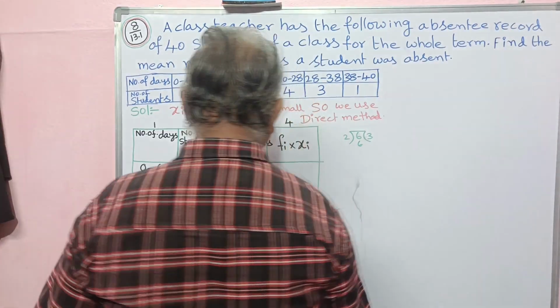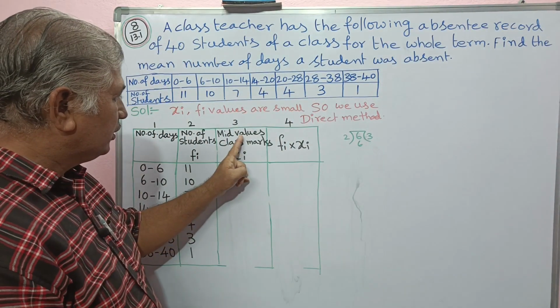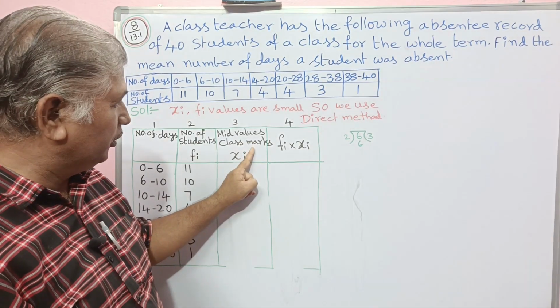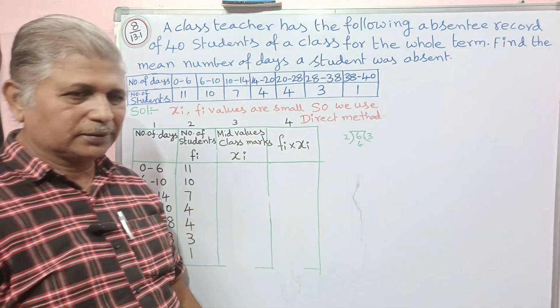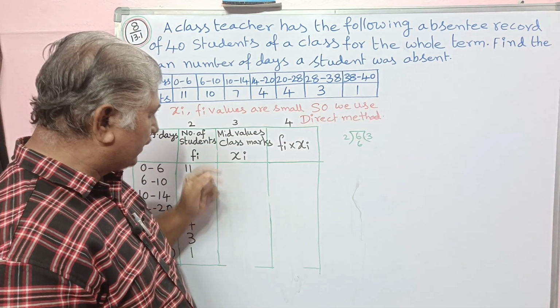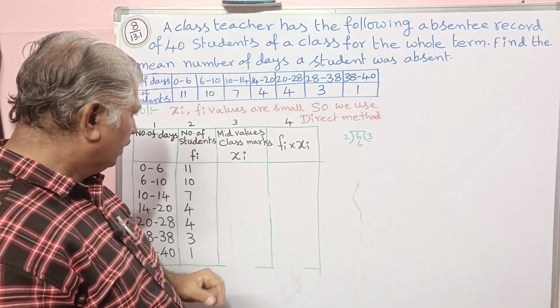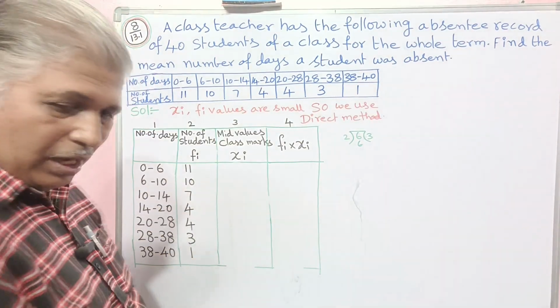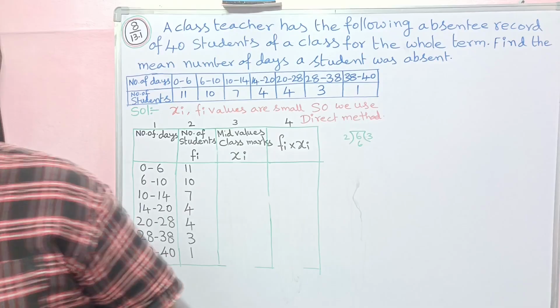The 3rd column is mid values or class marks, whatever it may be. That is called xi. Now we must find the xi values. How can we find these xi values?